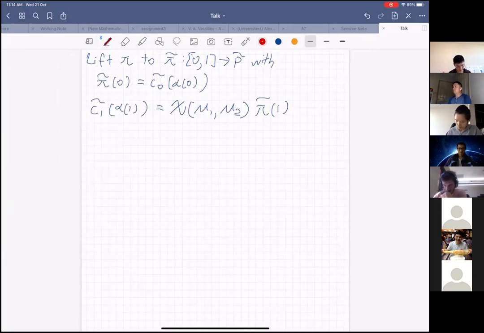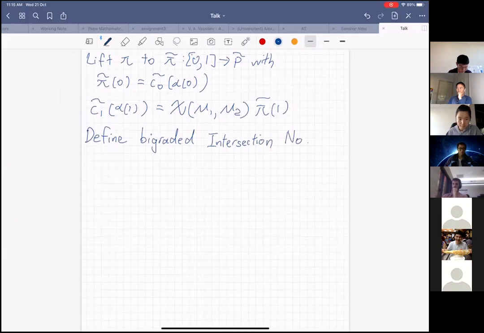And from here I want to define the bi-graded intersection number. After I define this bi-graded intersection number, I will show you an example of how to compute this.